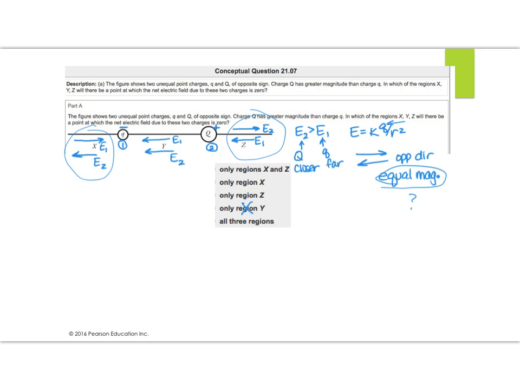So there's no way that E1 can be equal in magnitude to E2. But in region X, we're far away from big Q and close to little q, so these two fields have a possibility of being equal to each other. And so that leads us to our answer, region X.